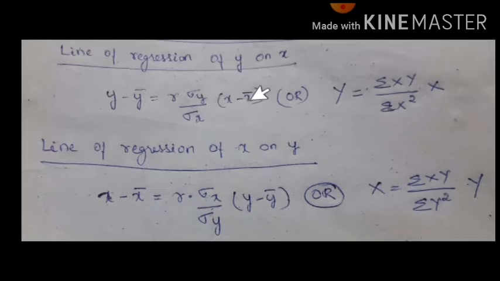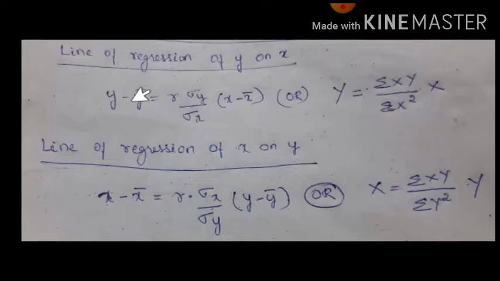Here x bar is the mean of x, y bar is the mean of y, r is the correlation coefficient, sigma y is the standard deviation of the y data, and sigma x is the standard deviation of the x data.